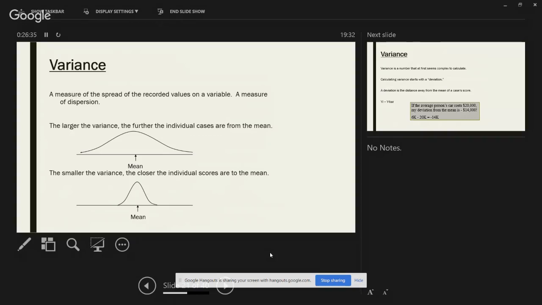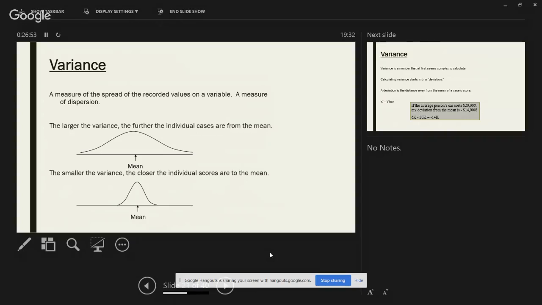Now let's talk about variance. What is variance? Basically, variance is the spread of recorded values on a variable. The larger the variance is, the further the individual cases are from the mean.